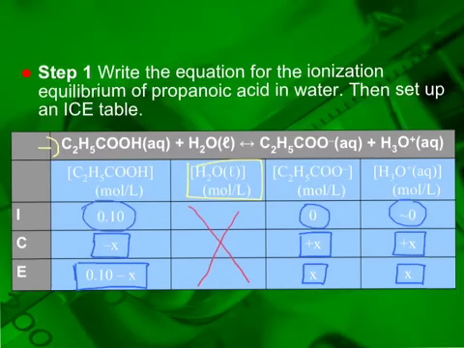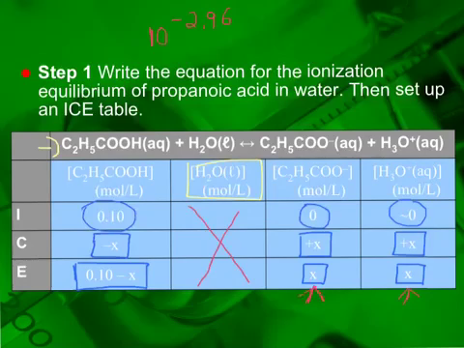Before we move on off the ice table, we were told that the pH of the solution was 2.96. Now, using the formula 10 raised to the power of negative 2.96, we can determine the concentration of hydronium. And as you see on the next slide, we can substitute that value here, and because the concentration of propanoate is the same, here.